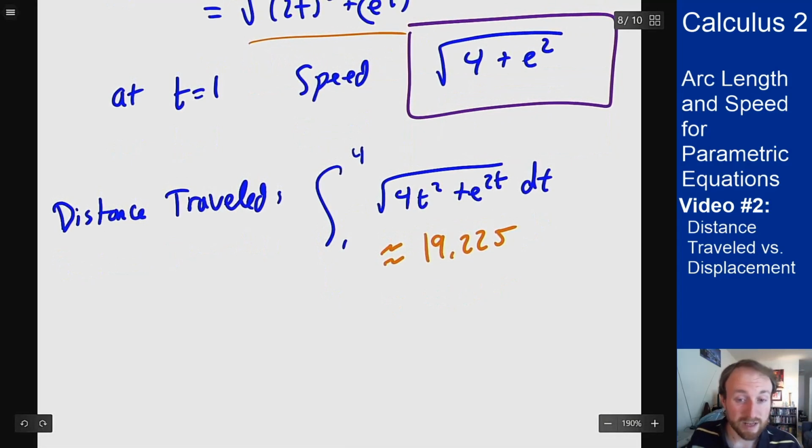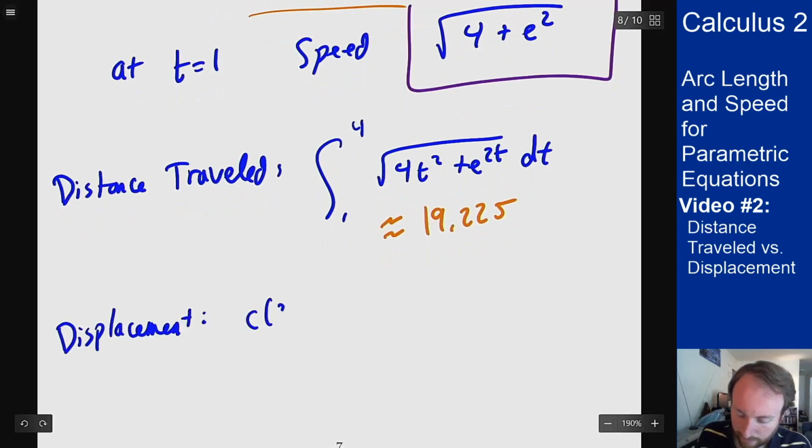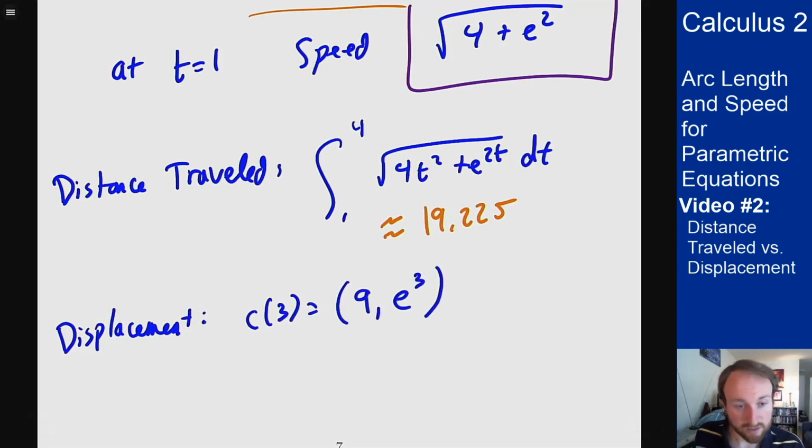Now for displacement, you need to find the starting point and the ending point, and then find the straight line distance between those two points. I know that c of 3 is going to be the point (9, e cubed), because if I plug in 3 to my equation, t squared, e to the t, this is what I get.